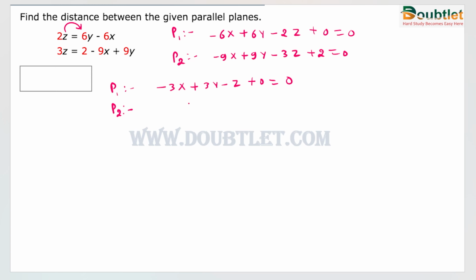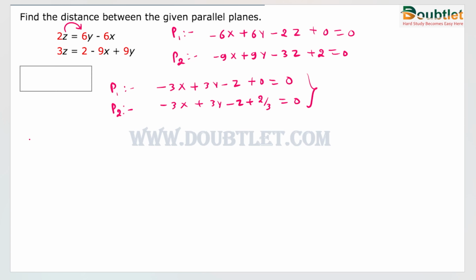For P2 we need to take 3 common, so this becomes -3x + 3y - z + 2/3 = 0. These are the equations which have equal coefficients of x, y, z, so we can say that they are parallel planes.